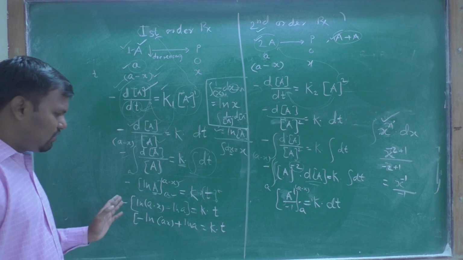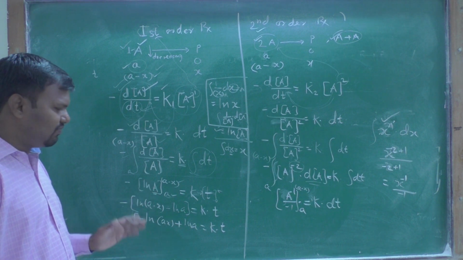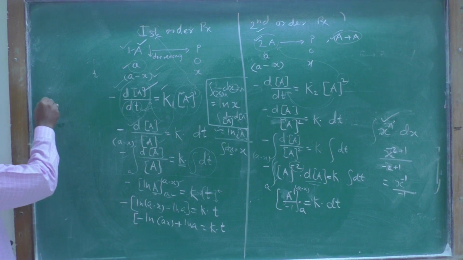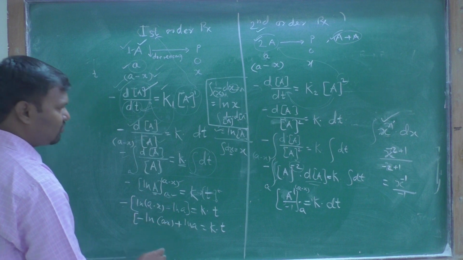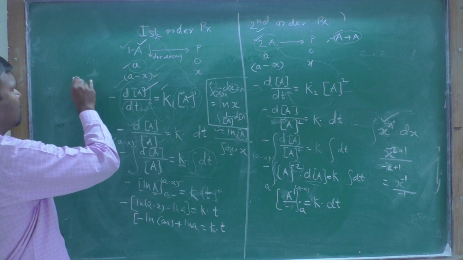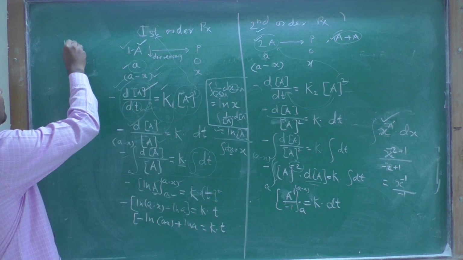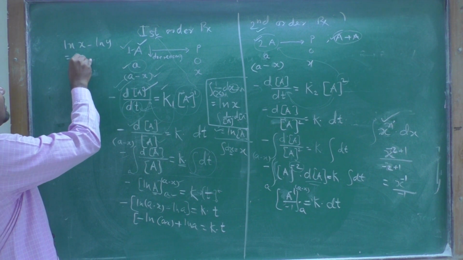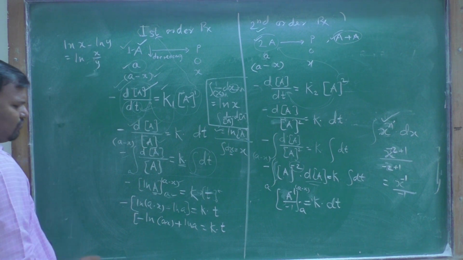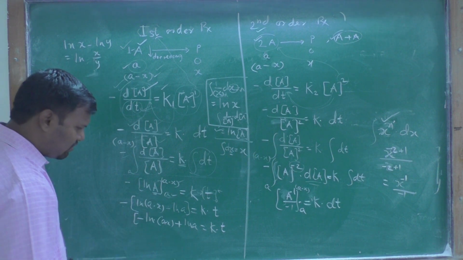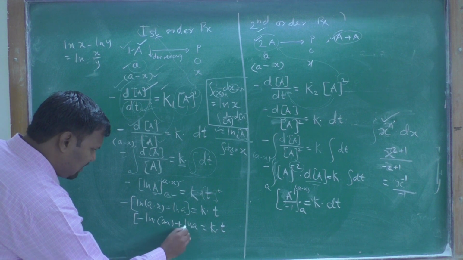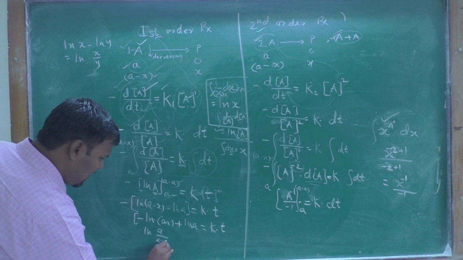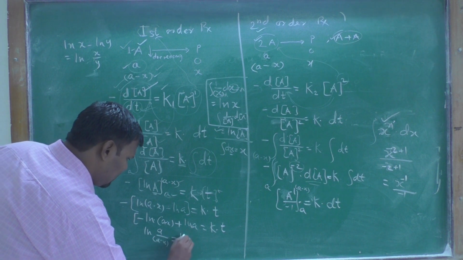One rule for the log: ln x minus ln y is ln x upon y. So you write ln a upon a minus x is equal to k into t.